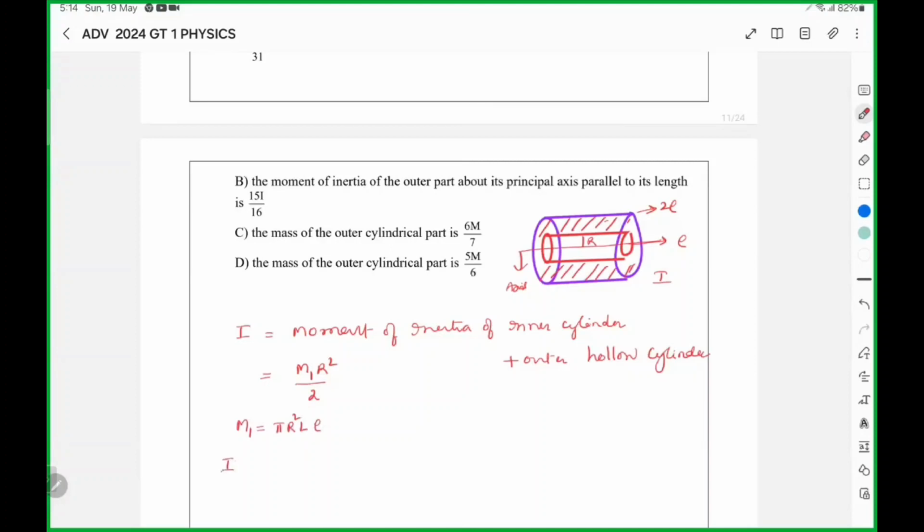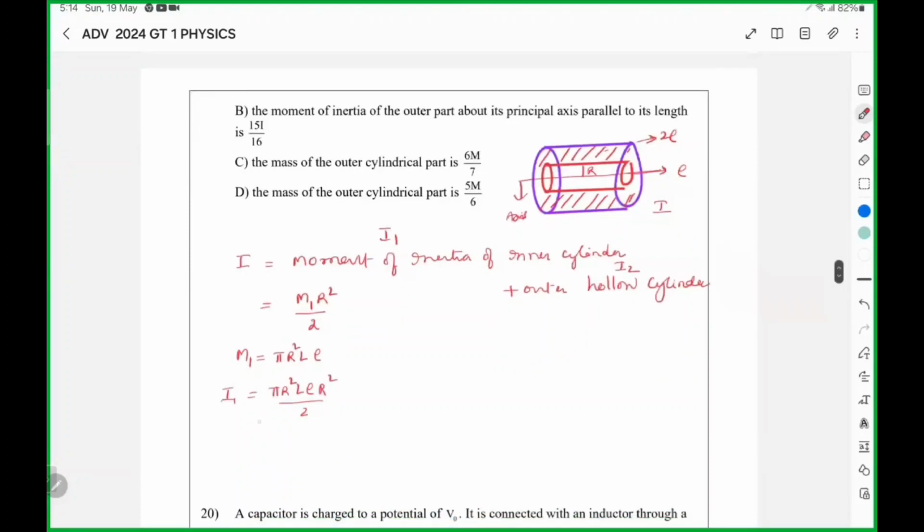So I will write this as I1 and this as I2. I1 here is pi r square L rho r square by 2, which is pi L r power 4 rho by 2.